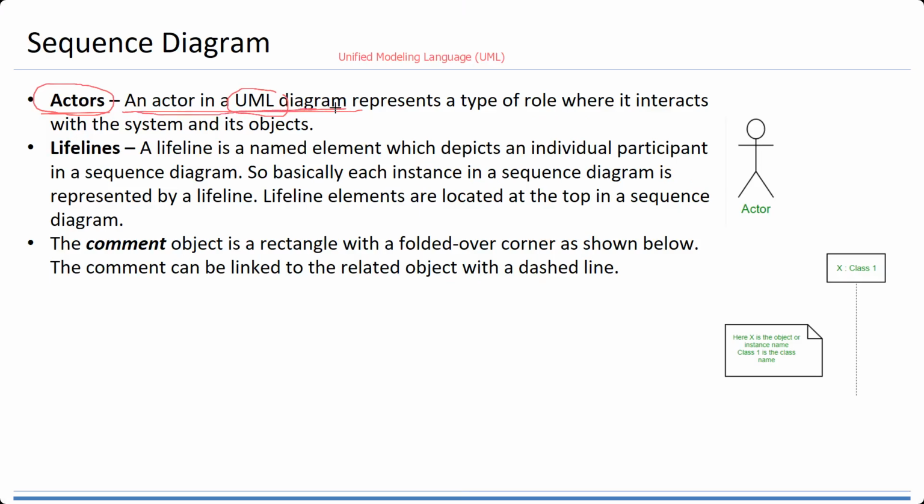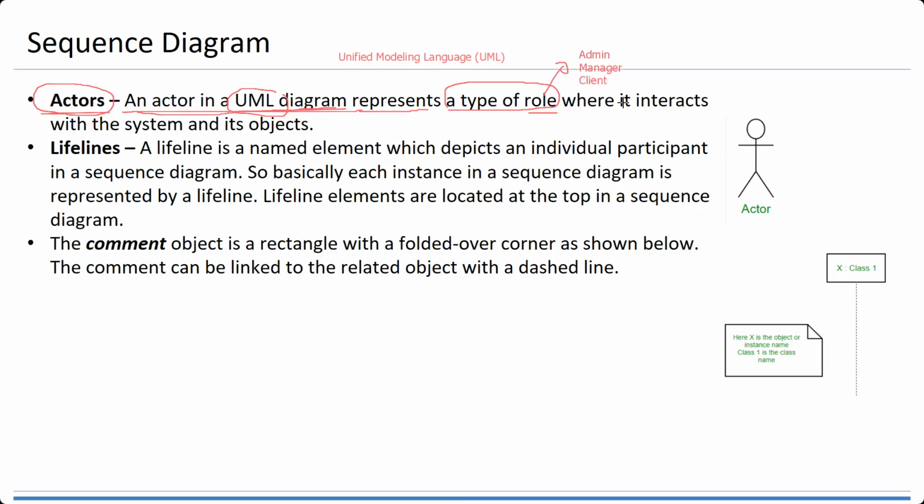An actor in a UML diagram represents a type of role. A type of role means if you are an admin, then it is one role. If you are a manager, then this is one role. If you are a client, so this is another role.